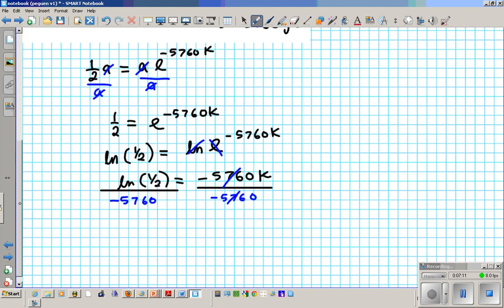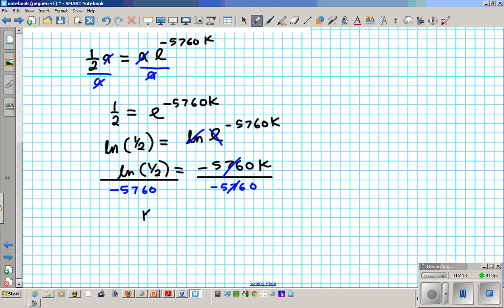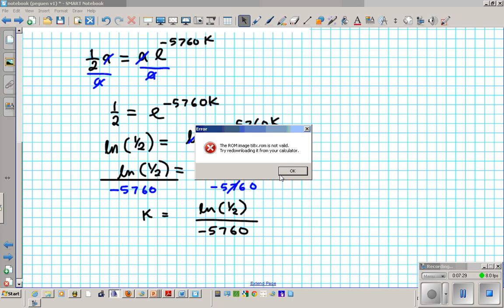And then you're going to be left with k equals the natural log of 1/2 over negative 5,760. So there goes your decay constant. To find the approximate value of this, we're going to use our calculators to do that.